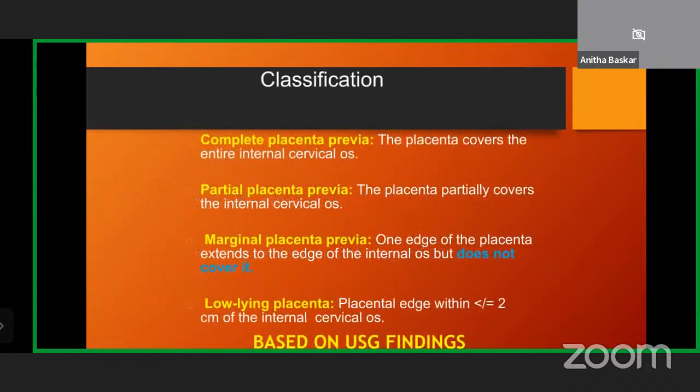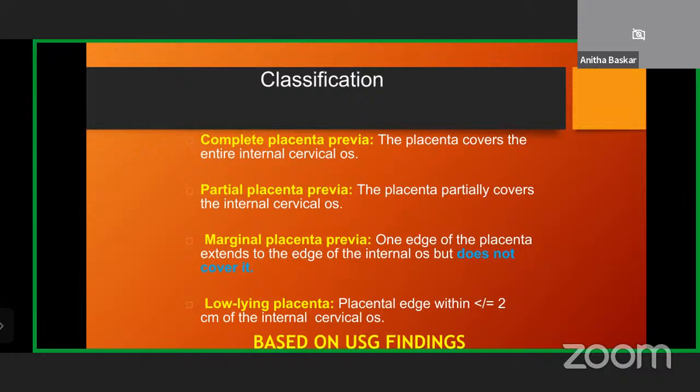If you see the recent classification: complete placenta previa, partial, marginal, and low-lying placenta. Complete placenta previa entirely covers the internal cervical os, and partial partially covers the internal os. Complete and partial are very easy to diagnose based on ultrasound findings.